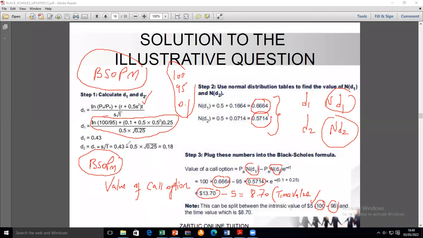The only thing is you must show the variables that you have used, like the PA, the PE, the R, the T, and then you put it there. Then use your calculator to be faster.